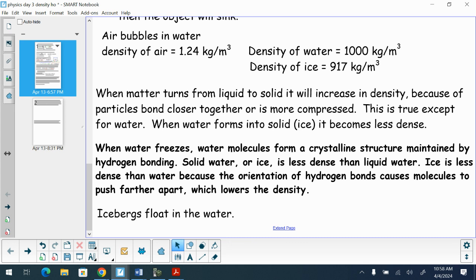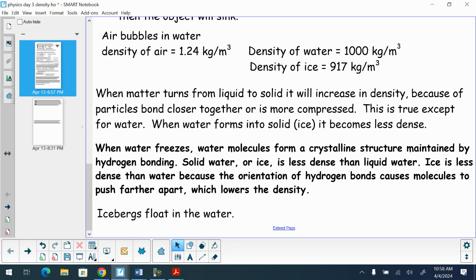When water freezes, water molecules form a crystalline structure maintained by hydrogen bonds. Solid water, or ice, is less dense than liquid water. Ice is less dense than water because the orientation of hydrogen bonds causes molecules to push further apart, which lowers the density.